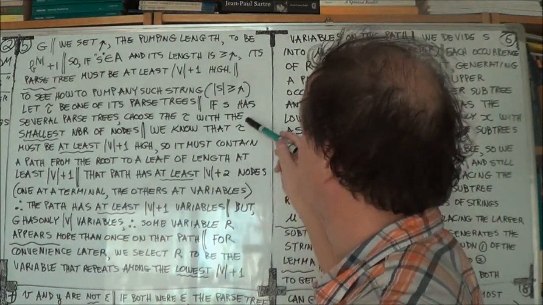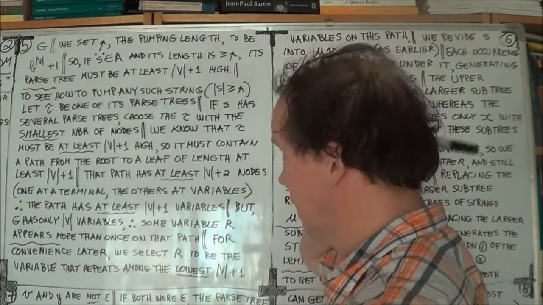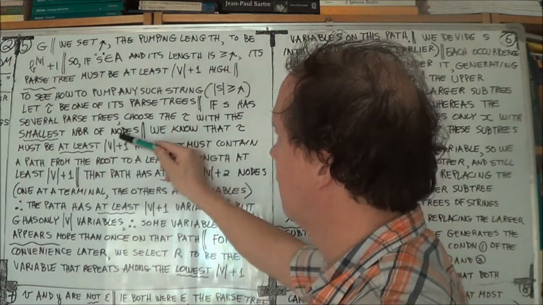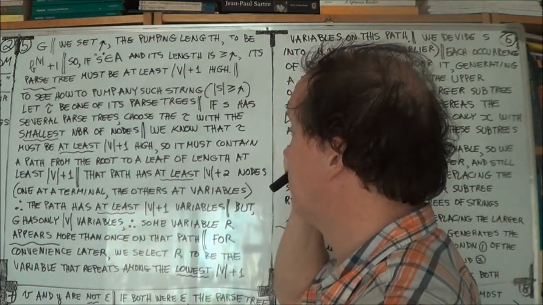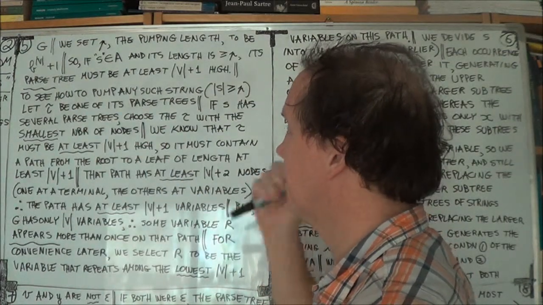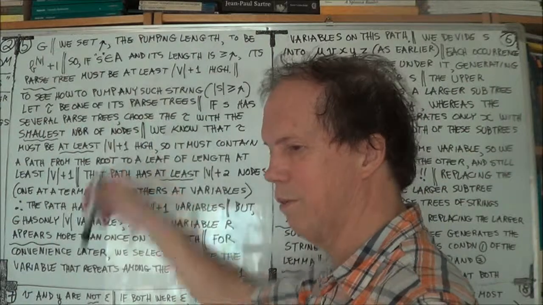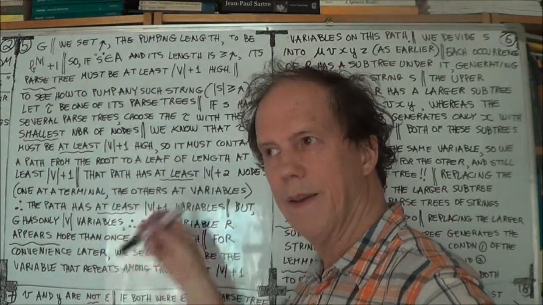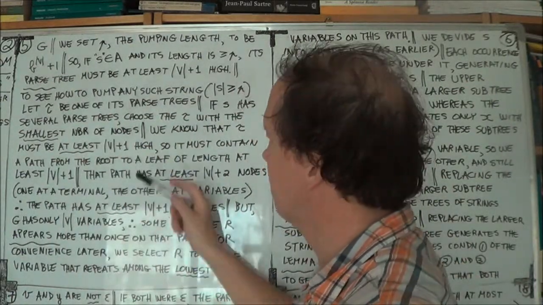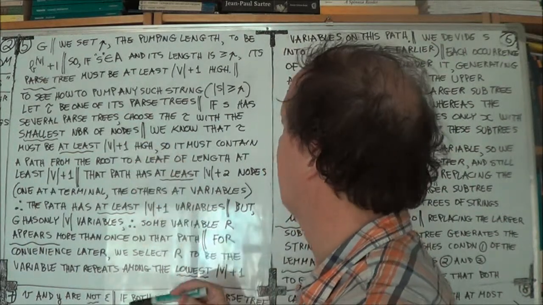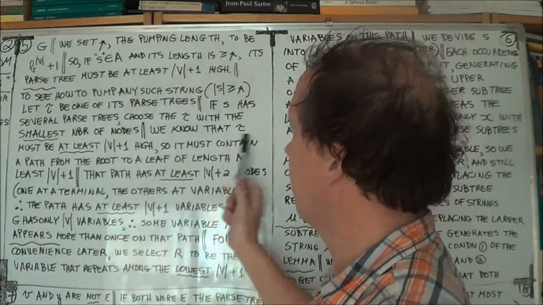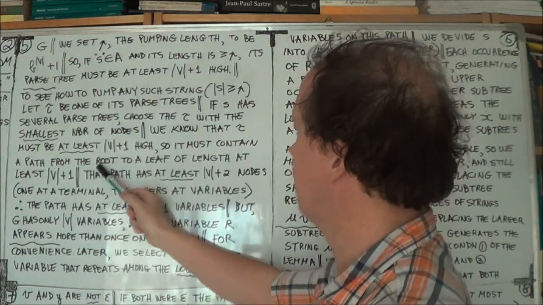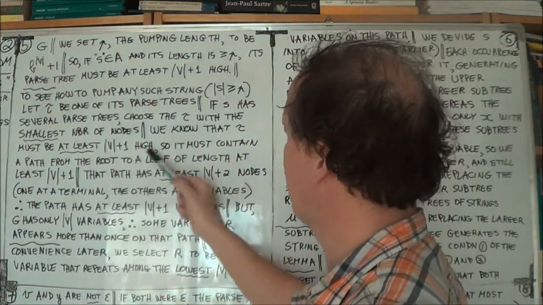Now this parse tree must have at least this many steps. Its depth, the number of steps involved in the derivation, must be at least this many. It'll have a path from the root node to the leaf.